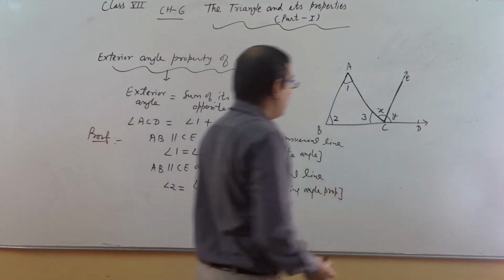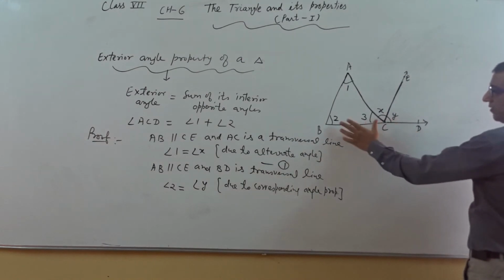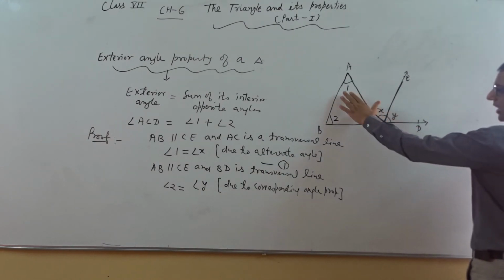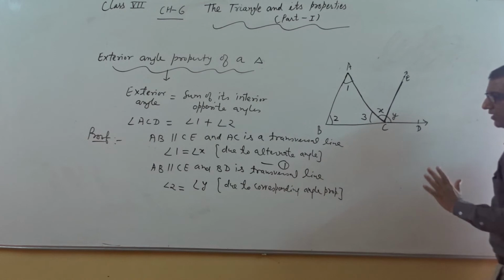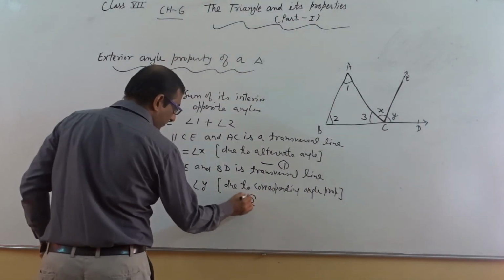As you see here, angle 2 and angle Y both are corresponding angles, angle 1 and angle X are alternate angles. This is your equation number 2.